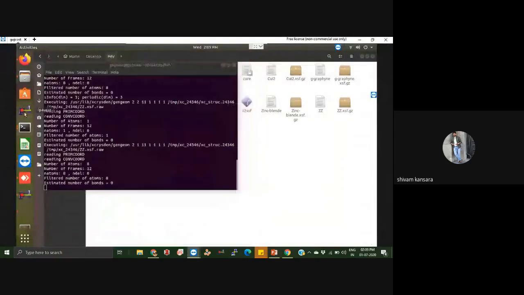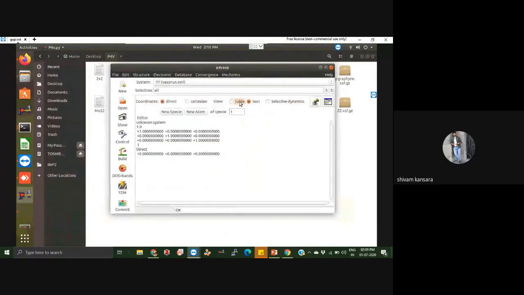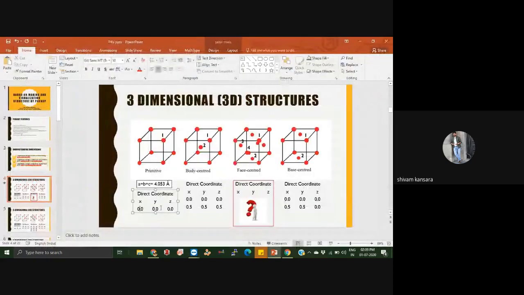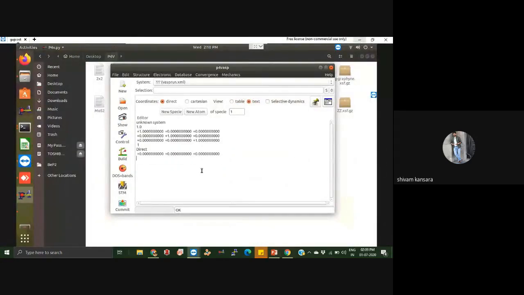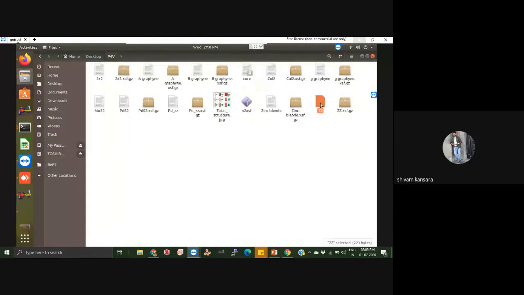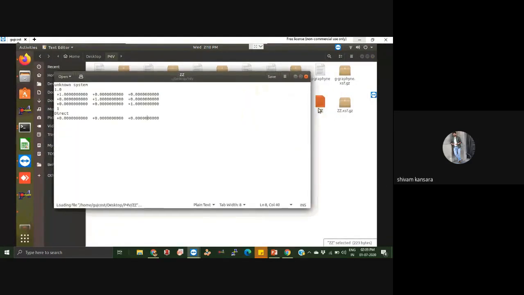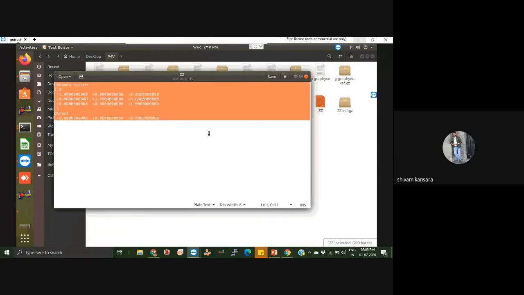I have already installed and downloaded it here, and you can see beside the name P4VASP. Using P4VASP, I have an atomic position. Atomic position is 0 0 0, as I already mentioned here. So this is 0 0 0, and I just copy and paste it in any file. The name of the file is ZZ, and I paste it here.